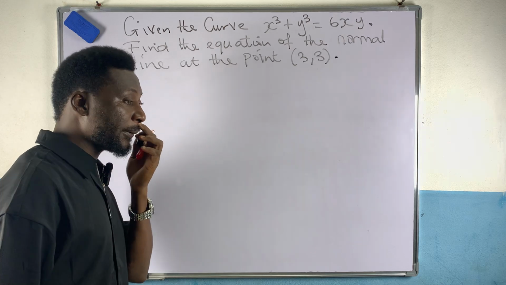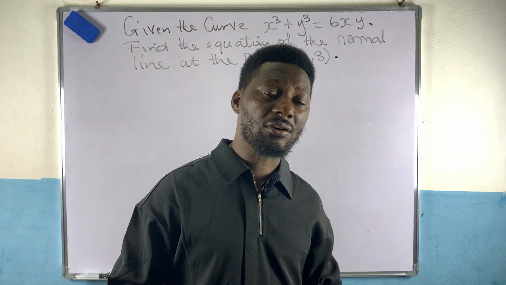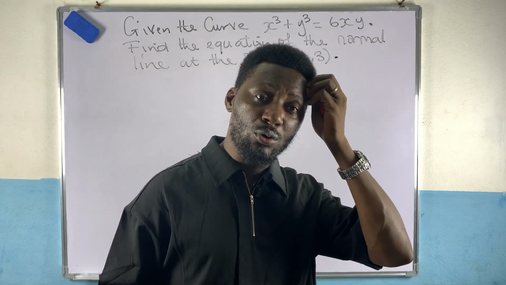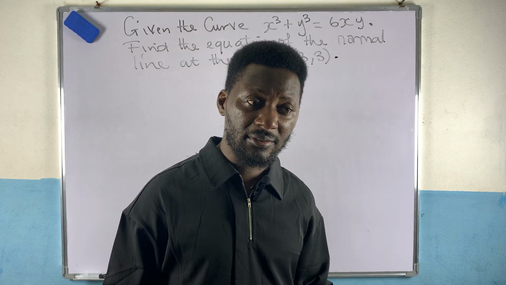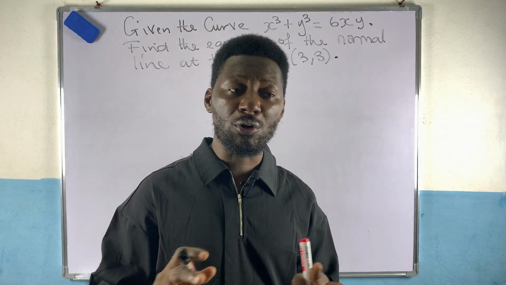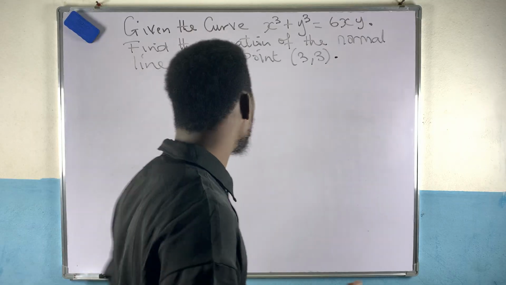So the first thing you should bear in mind is that the gradient of the tangent multiplied by the gradient of the normal should be equal to -1. You should also bear in mind that the equation of the normal will be obtained from the standard equation of a line.